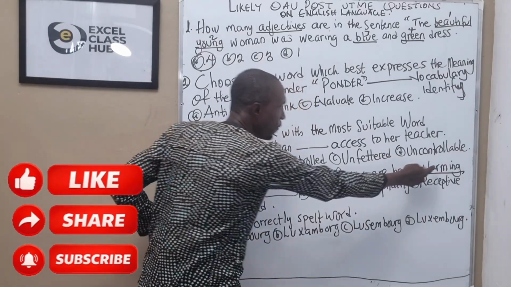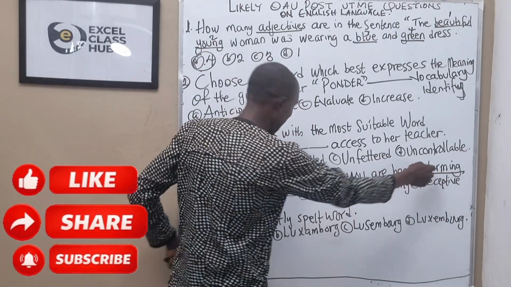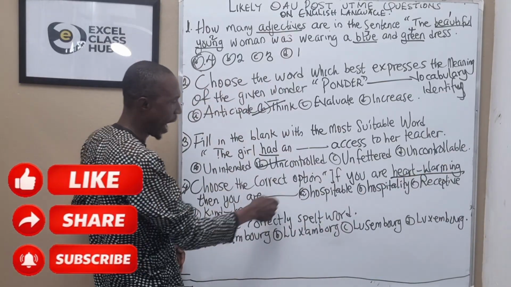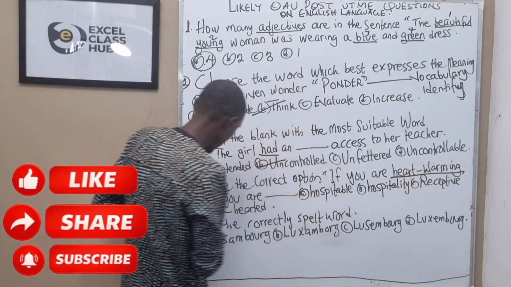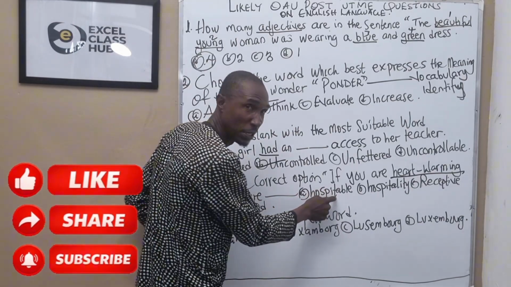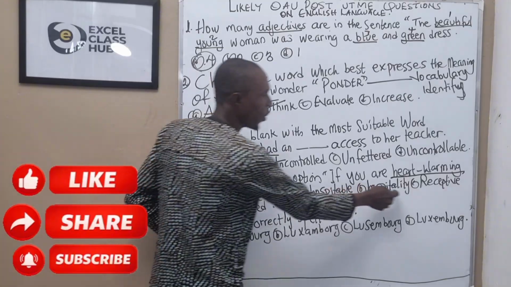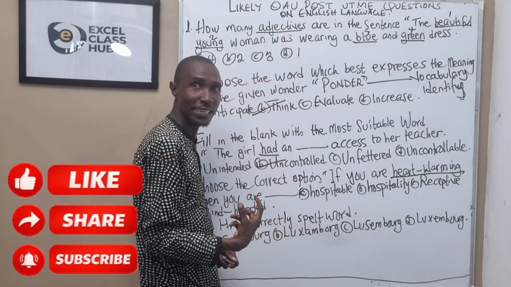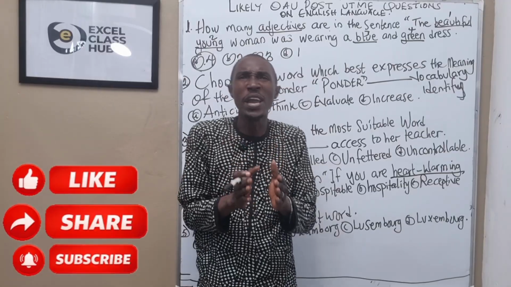The one that will fit into this statement. If you are heartwarming, then you are hospitable. If you are heartwarming, then you are hospitality. No. There are certain words that deal with word class.